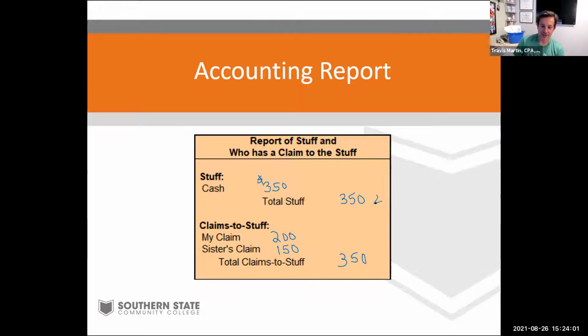My stuff is equal to the claims to stuff. So if somebody were to come along and say, hey, I'm the money bucket auditor, I want to see a report that shows me how much stuff you got and who has a claim to it, I could run them that report and they'd be happy. So, all right, everybody get that part down okay? We good there? Perfect.